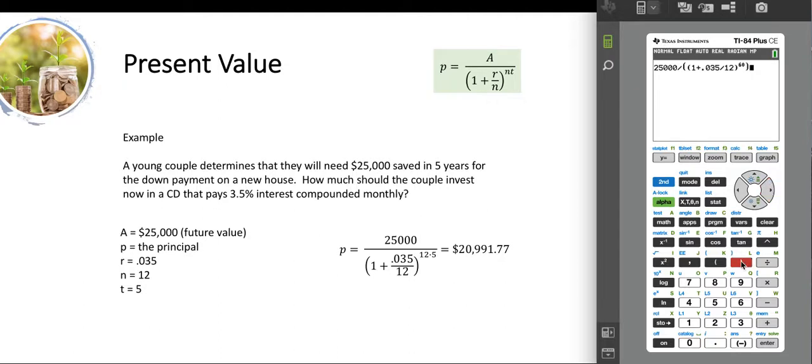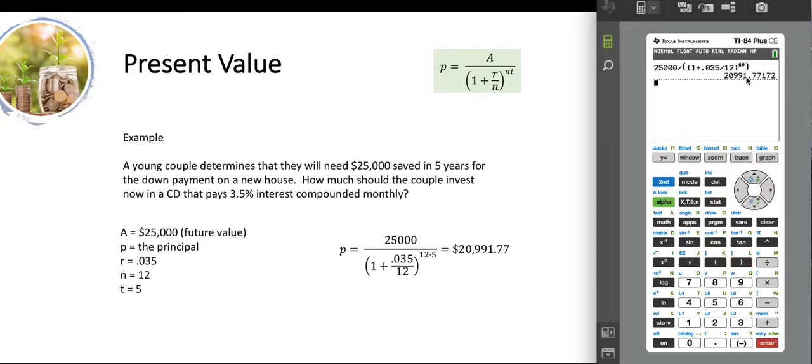Close this parenthesis. Now it depends on what calculator you have. If you have an older calculator, it's going to look exactly like this, except you're going to have caret 60, close the parenthesis. On my calculator, if yours is like mine, it should look like this. And now we're going to press enter.